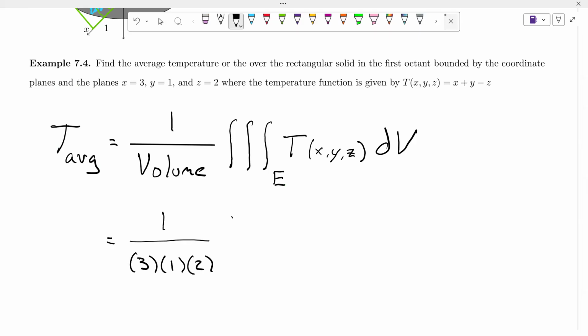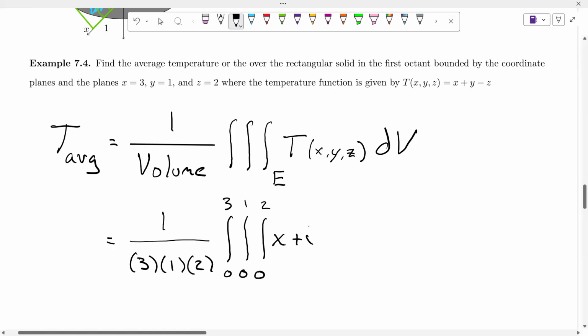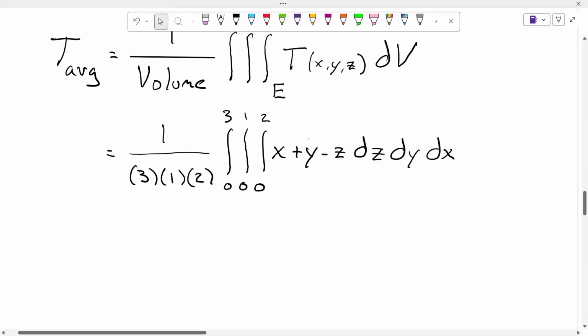And then I can just integrate this function in whatever order I like because it's all rectangular. So let's just go in order: 3, 1, 2, x plus y minus z dz dy dx. And then just integrate right down the line.